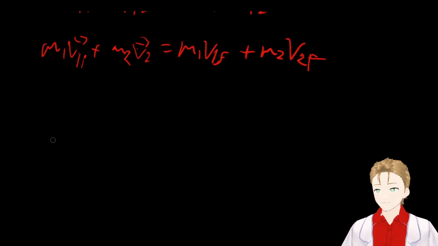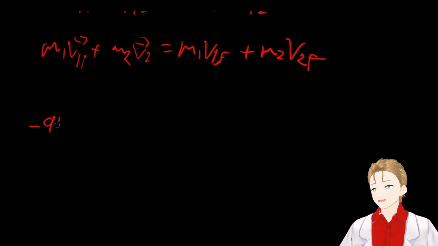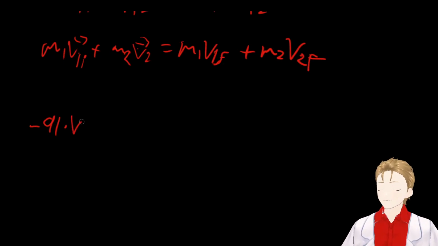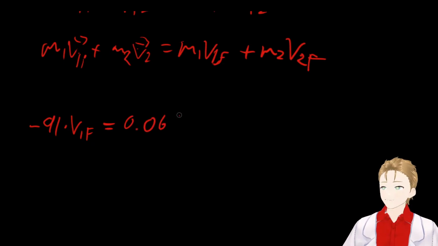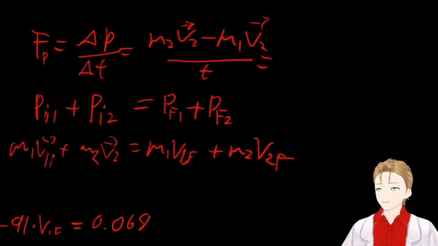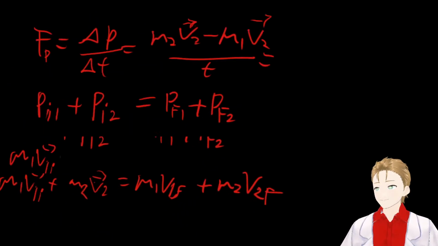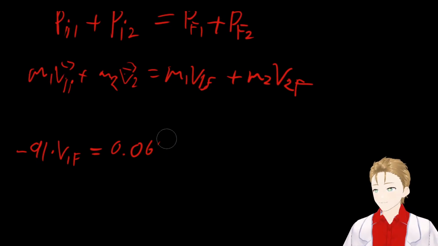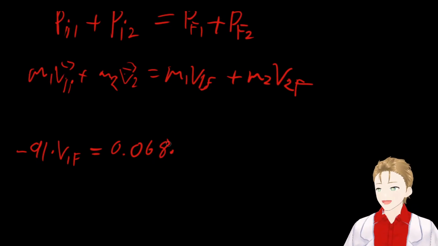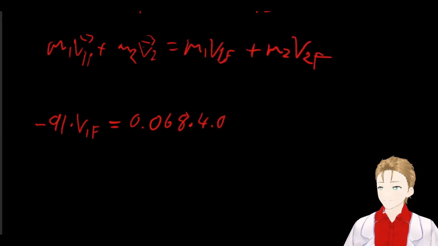It would be negative mass 1, negative 91 times some final velocity. The final velocity is equal to 0.068 times 4.0 meters per second.